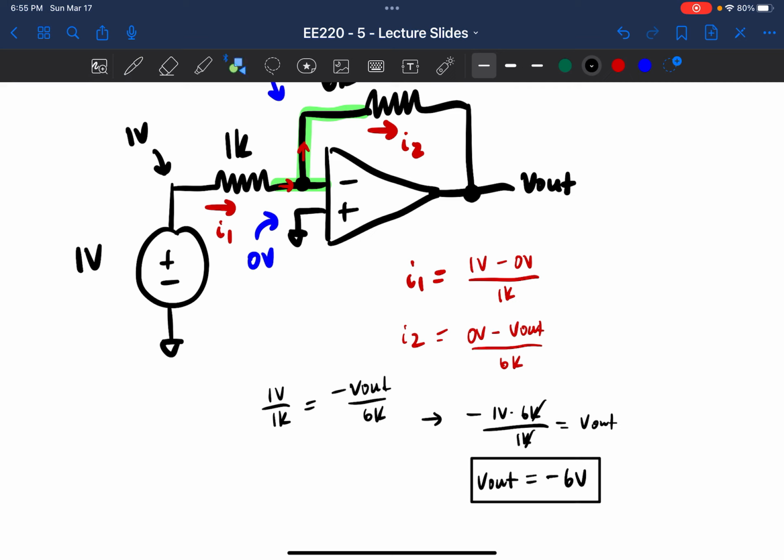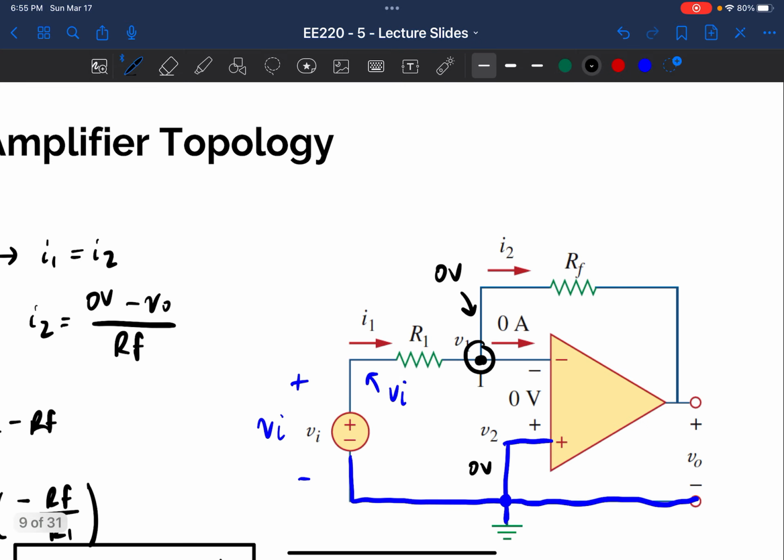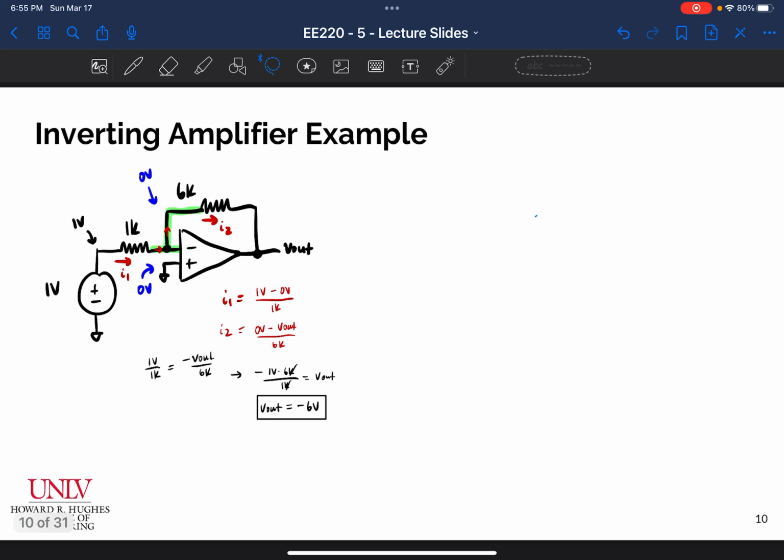All right. And so let's see, how does that compare to just using my equation from the previous slide? Let's go ahead and pull that equation in, and we can compare. If I were just going to use this equation, I would evaluate this with V in equal to 1 volt here.